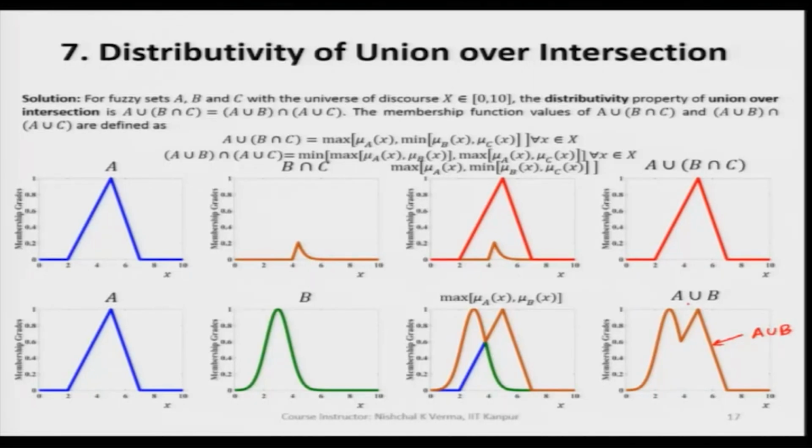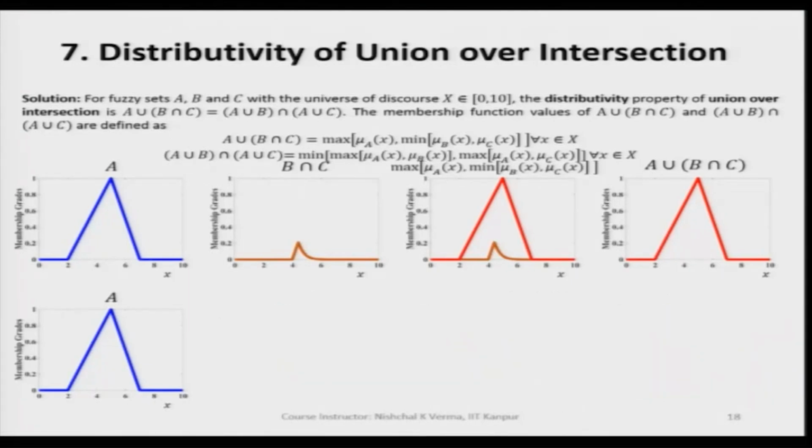So, we have got A union B as shown here by the red color fuzzy set.